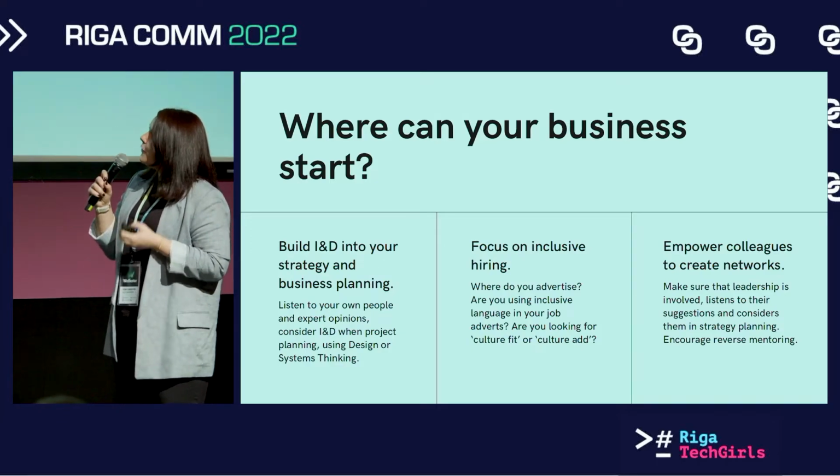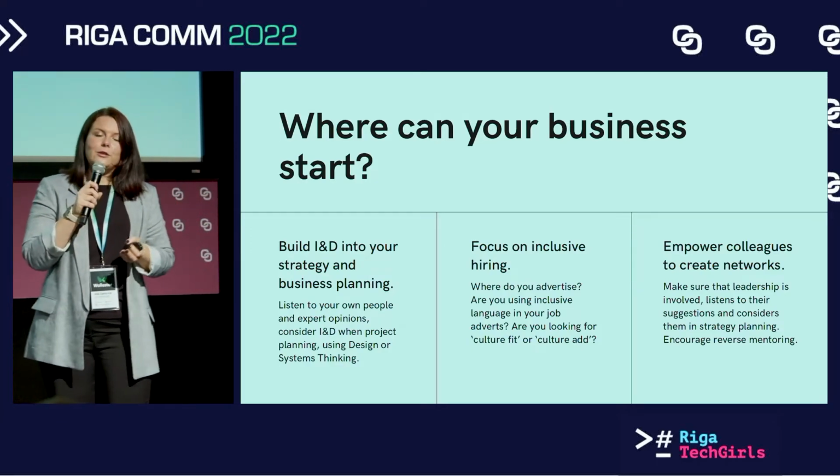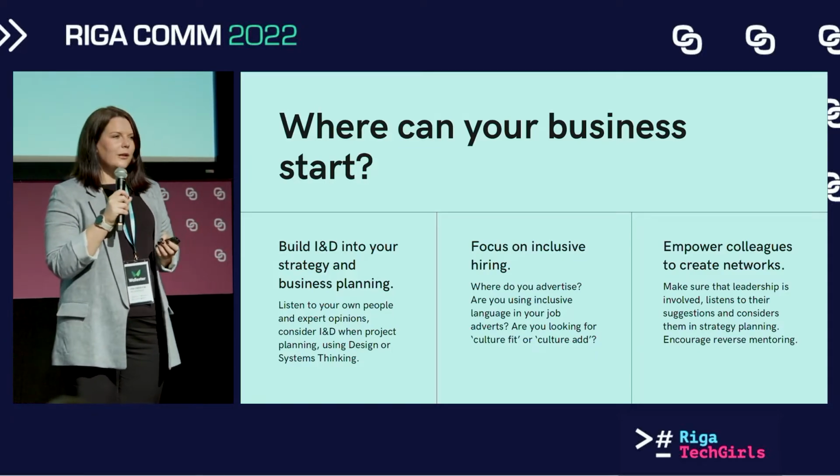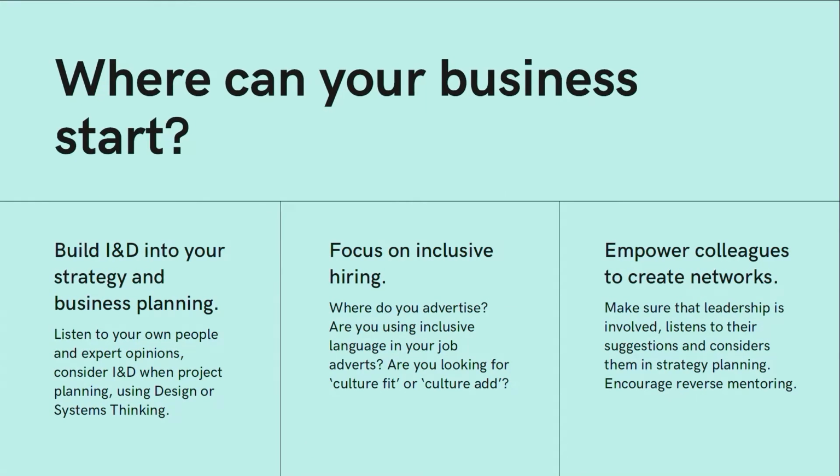And then if you are in a big enough company, focusing on inclusive hiring can be a really good way to do it as well, because you can look, is your job advert approachable enough? Because I don't know if you know this data, but women are a lot less likely to apply for a job where the description doesn't fit exactly what their experience is. I can't remember the exact data off the top of my head now, but it was 90% or a bit over.